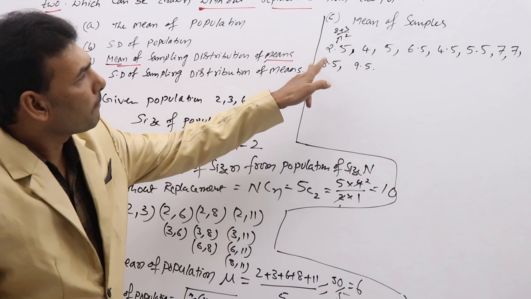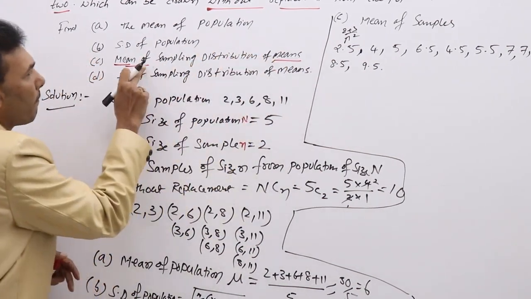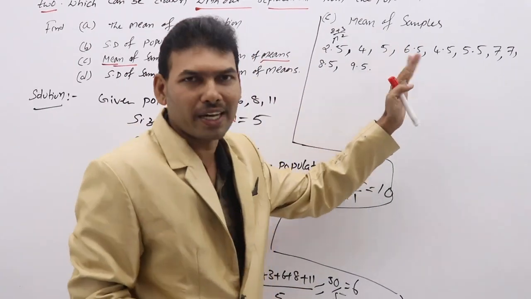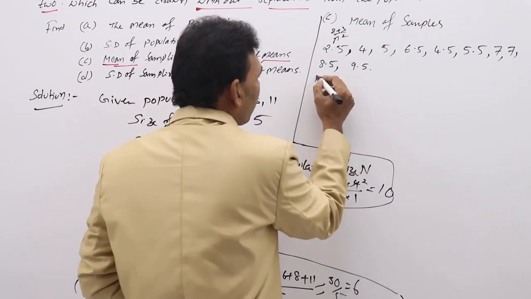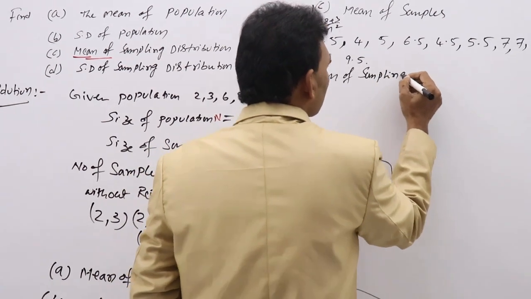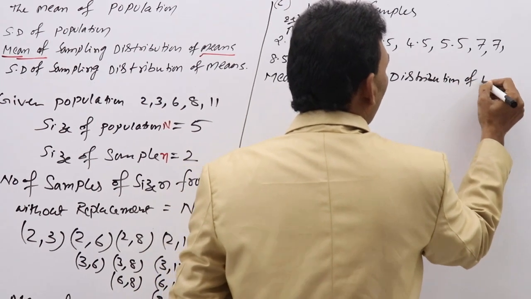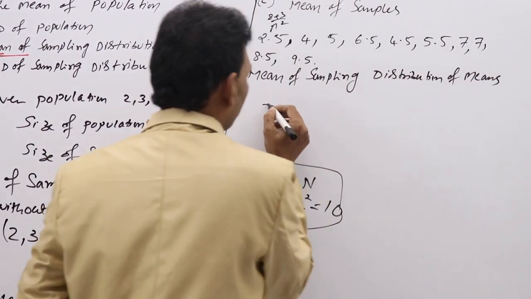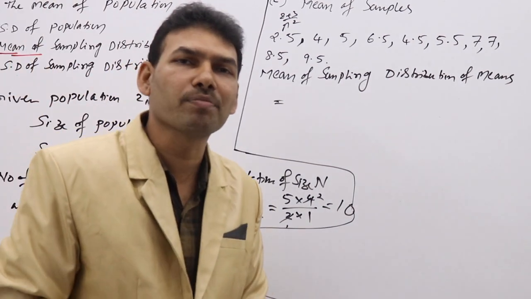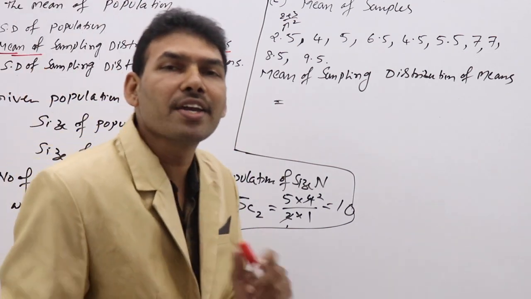These are the means of samples, but we need the mean of means: the mean of the sampling distribution of means. For this we again need to calculate the mean, simply the sum of items by the number of items. You need to add the 10 samples and divide by 10.